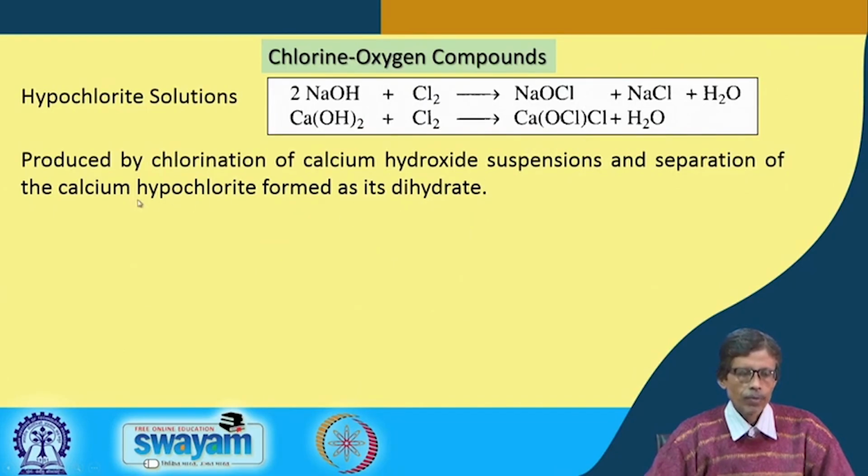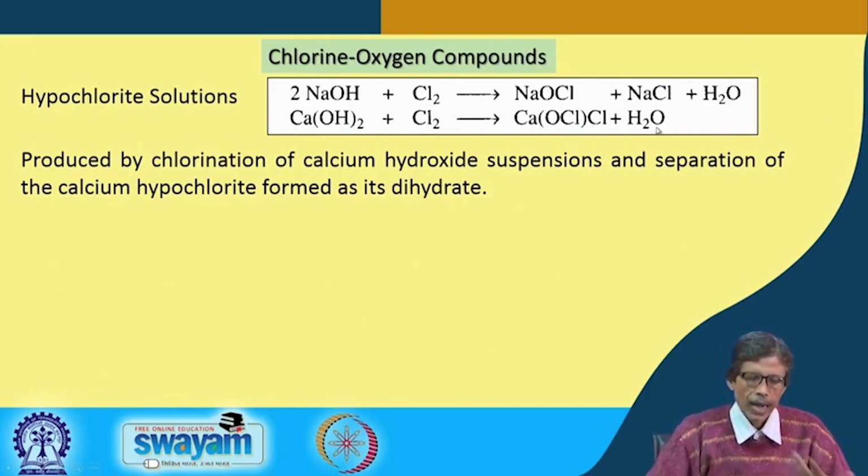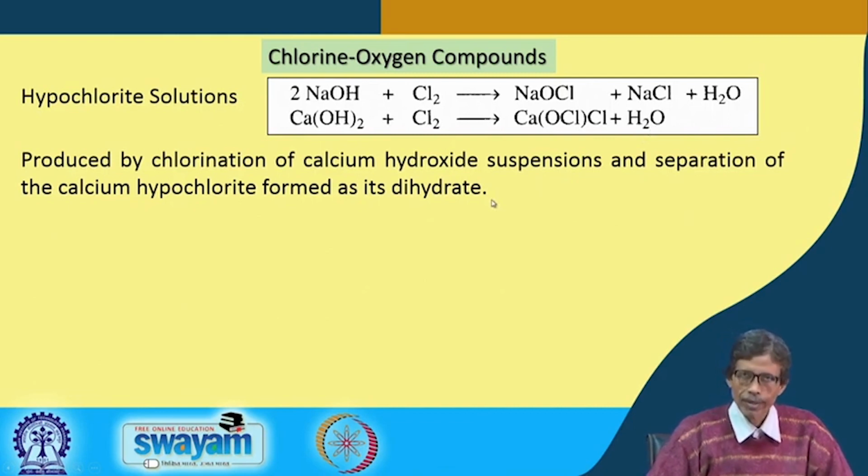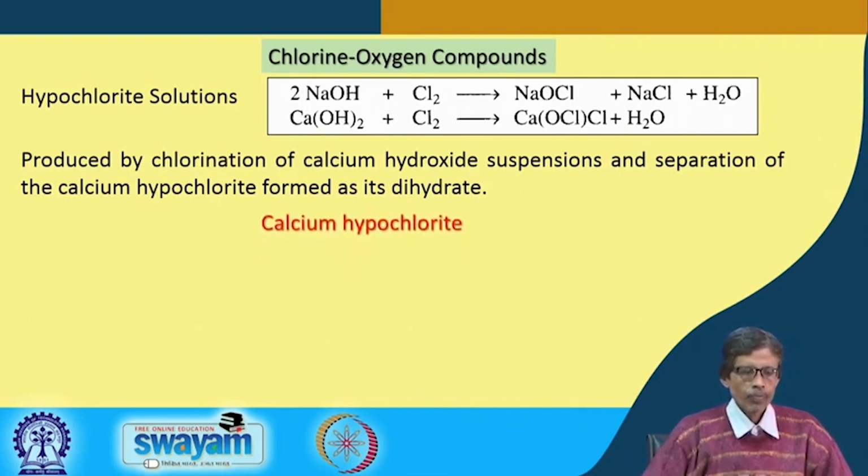So, this calcium hypochlorite, that means one OCl and another Cl. You have the water produced also, but which can be crystallized nicely as the dihydrate. So, you get the solid product, the crystalline material, which is only available as the dihydrate.